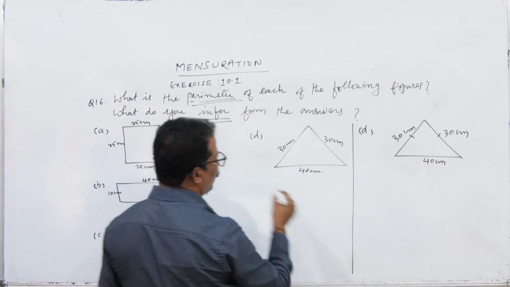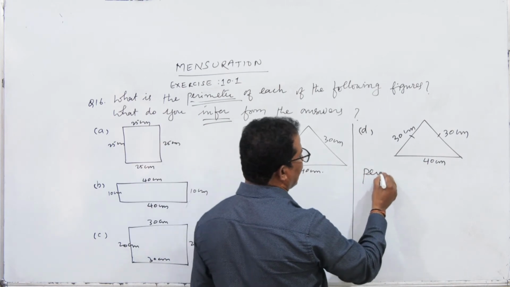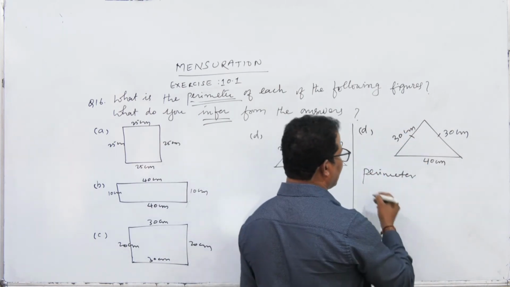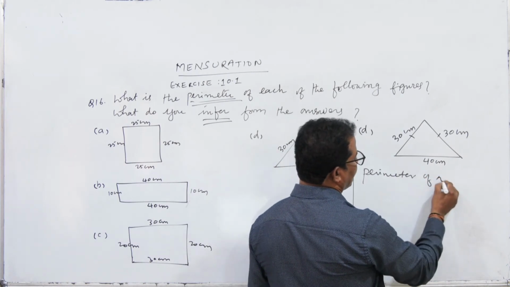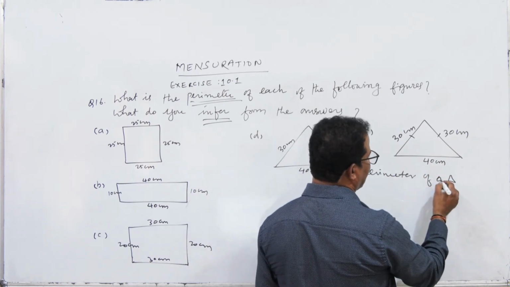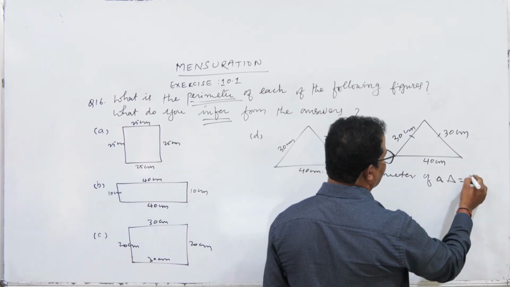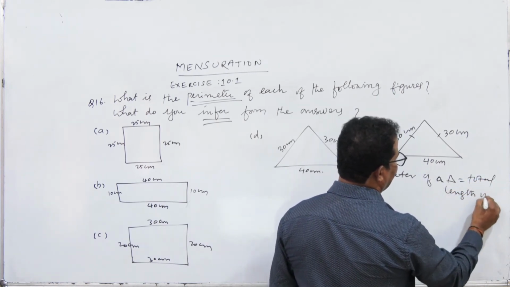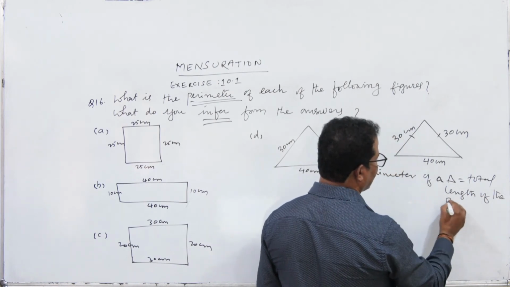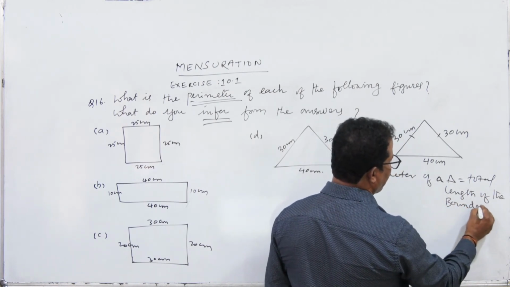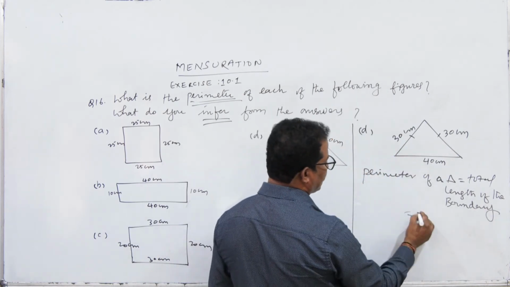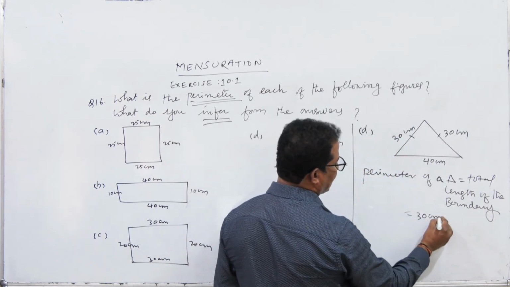So in this question also, for this diagram also we have to find the what? Perimeter. So to find the perimeter of this triangle, we need to add all the three sides length. Perimeter of this triangle is equal to the total length of the boundary. That is equal to, the first side is how much? 30 centimeter given.